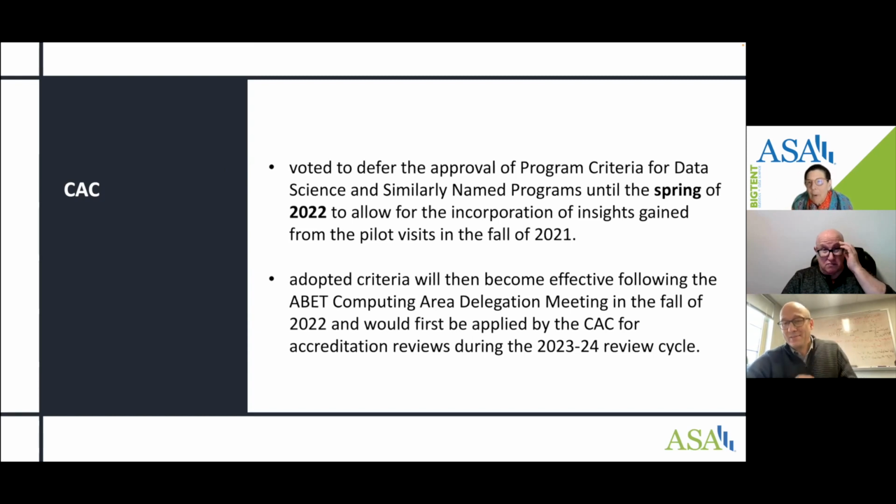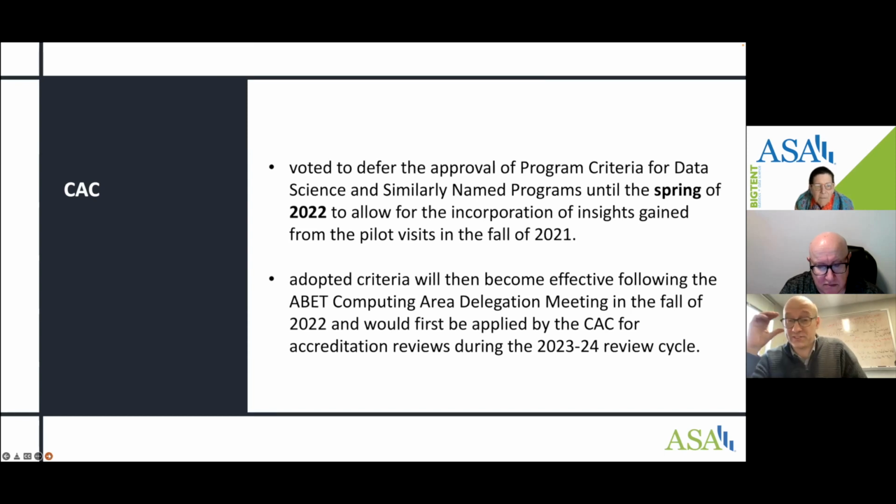That role is program evaluators, and Mine and Ben have been observers of one of the pilot visits of the fall 2021. Awesome. Yeah. So this is sort of a process that has started on the CAC side, in the sense that there are now pilot programs that are trying to be accredited, I think, or maybe provisionally accredited under what exists currently as the CAC data science criteria.